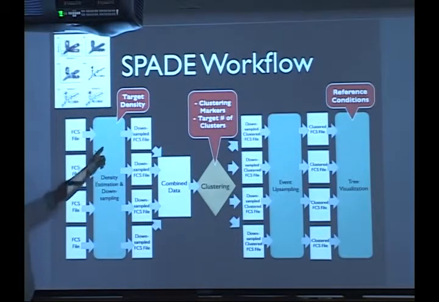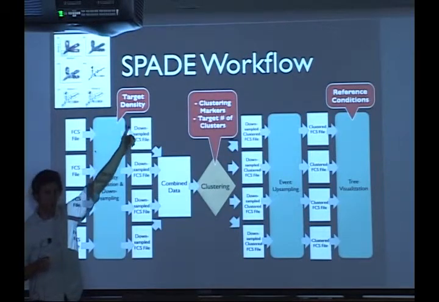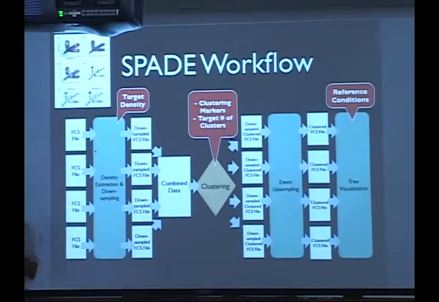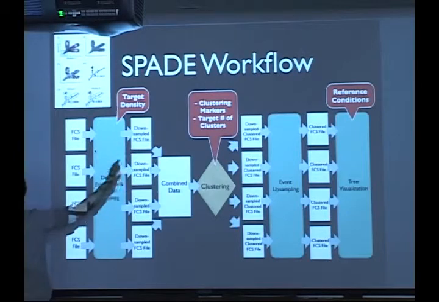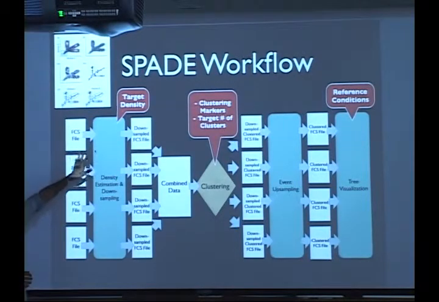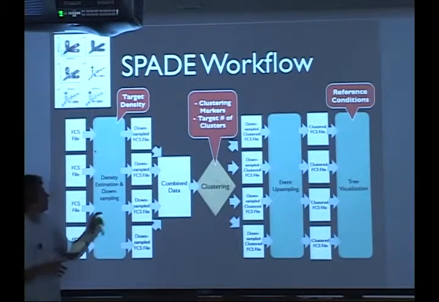From what I've looked at, this number doesn't seem to make a huge impact on the results you get from the SPADE tree, so I wouldn't lose too much sleep over setting this parameter. There's a default set in Cytobank, and you can probably leave it at that unless you have some good reason to set it otherwise.